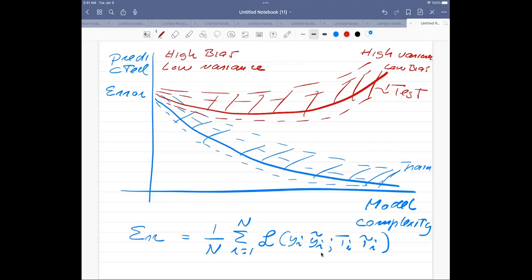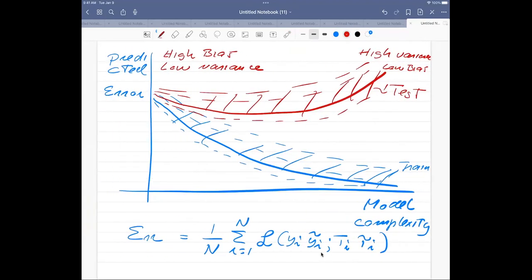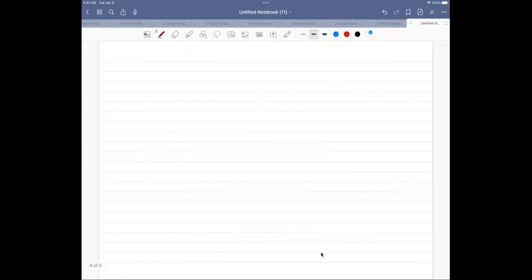But let's look at the derivation of this bias-variance trade-off and the way we would proceed by setting it up. Let's do that before we move on to discussing the different results, programs and implementations of bootstrap and cross-validation.